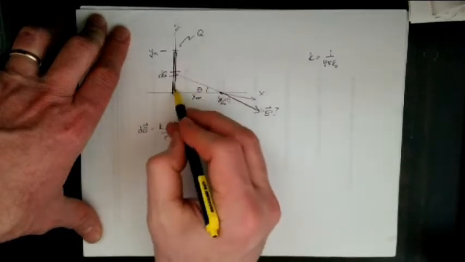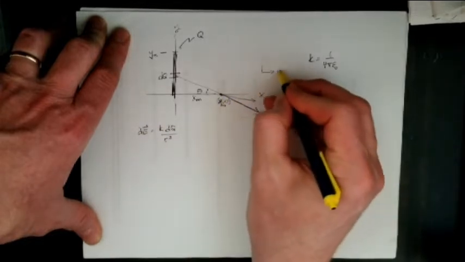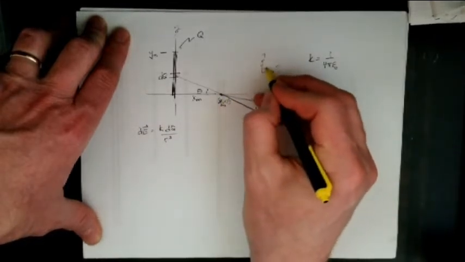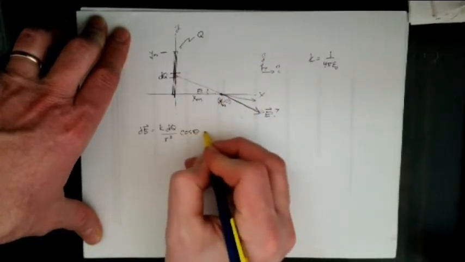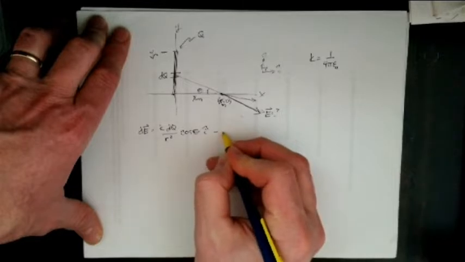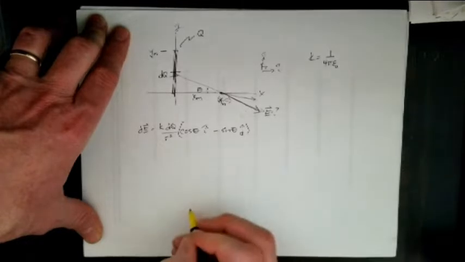And then we do have components here. It is going to the right, so with i hat and j hat, it's cosine theta i hat minus sine theta j hat.